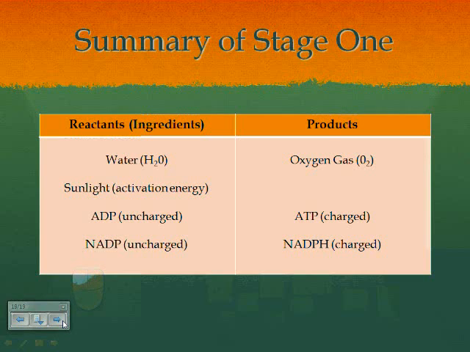This summary is awesome. All right, it basically shows you what's going in versus what's coming out. We know that the water is going to turn into the oxygen gas, right?